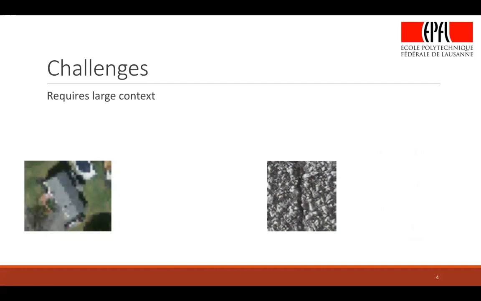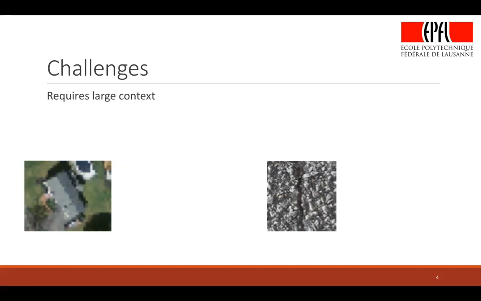However, this is not an easy problem, and there are a few challenges associated with it. First of all, usually detection of linear structures requires some large context. To give an example, we have here two crops of two different images, really zoomed in. If you look at the left, for example, it's difficult to tell whether it's a part of a road or maybe it's a roof.